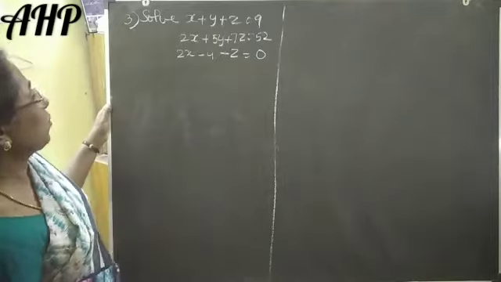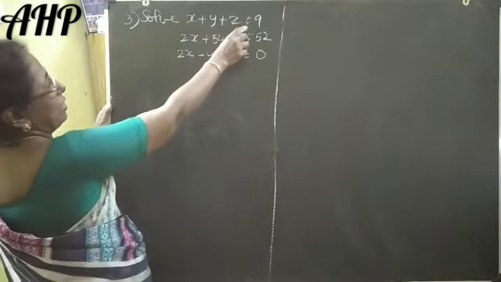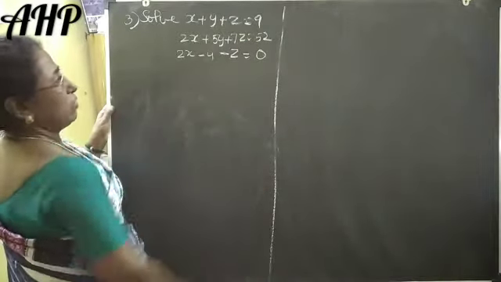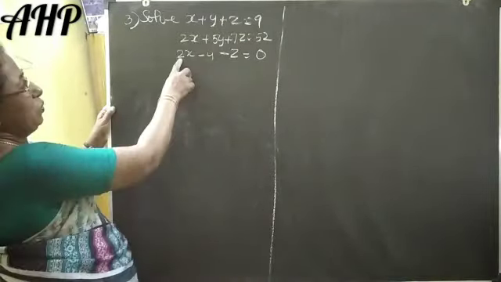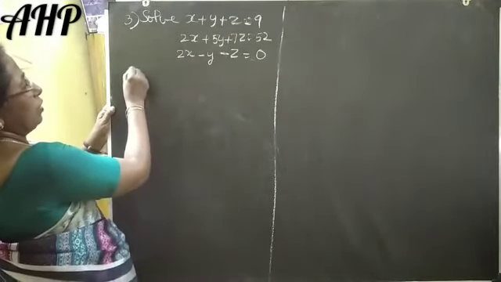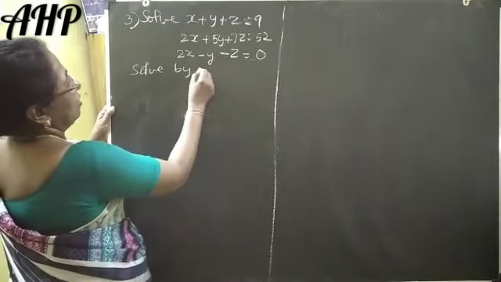The given homogeneous equations are x plus y plus z is equal to 9, 2x plus 5y plus 7z is equal to 52, and 2x minus y minus z is equal to 0, and you are asked to solve by rank method.